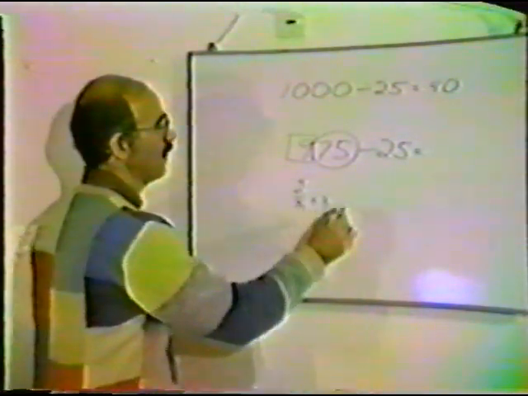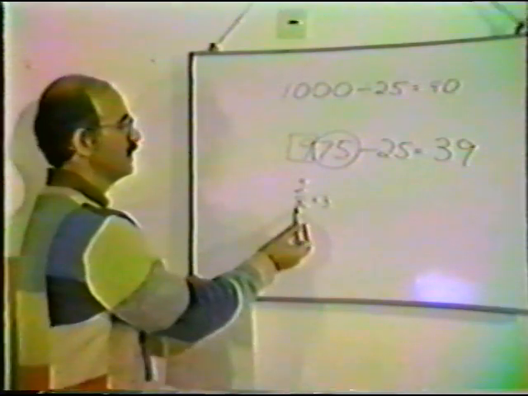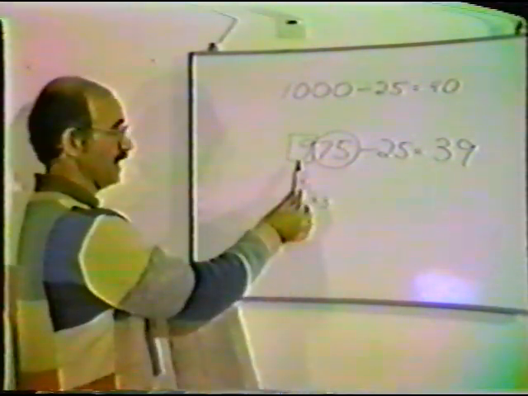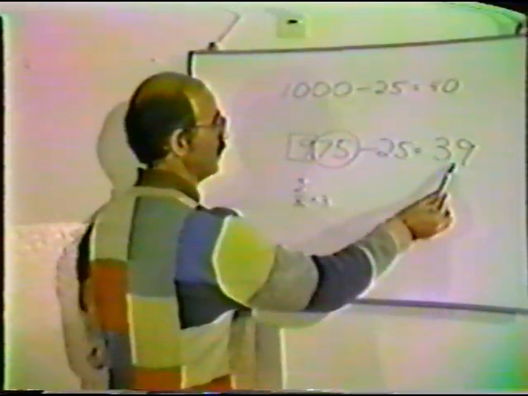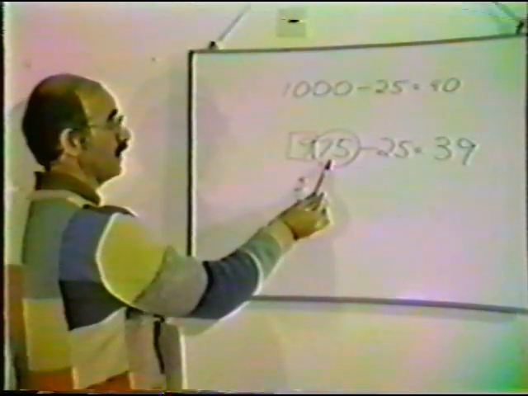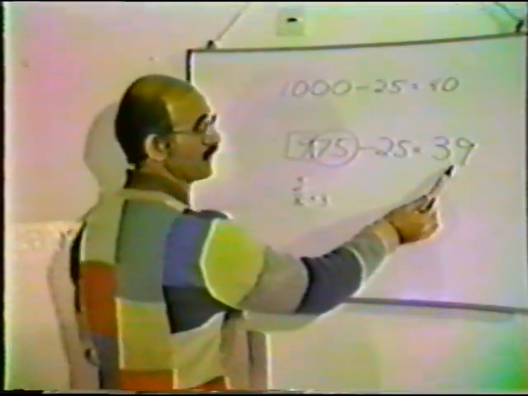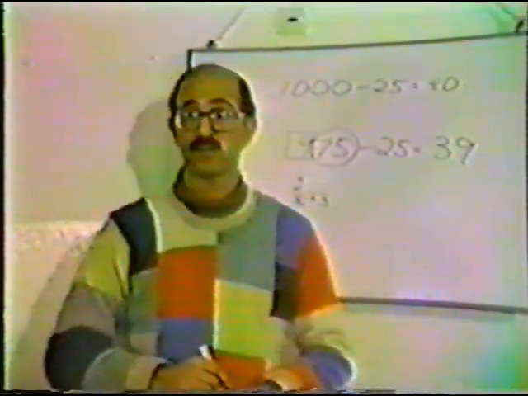Plus 3 more makes 39. 36 plus 3 more, 39. 975 divided by 25 is 39. Instead of being 975, if we had one more 25, it would be 1,000, and then instead of 39, we would have 40. So that's a little trick.